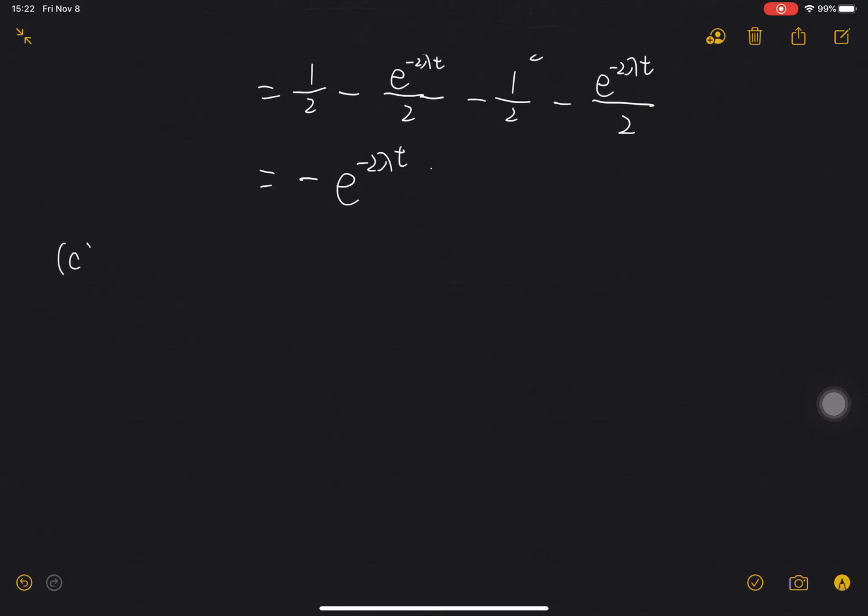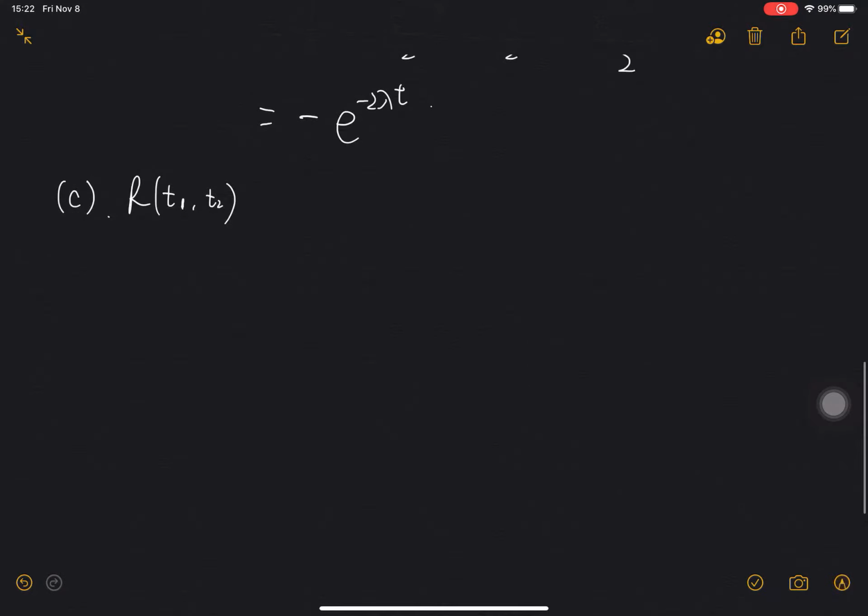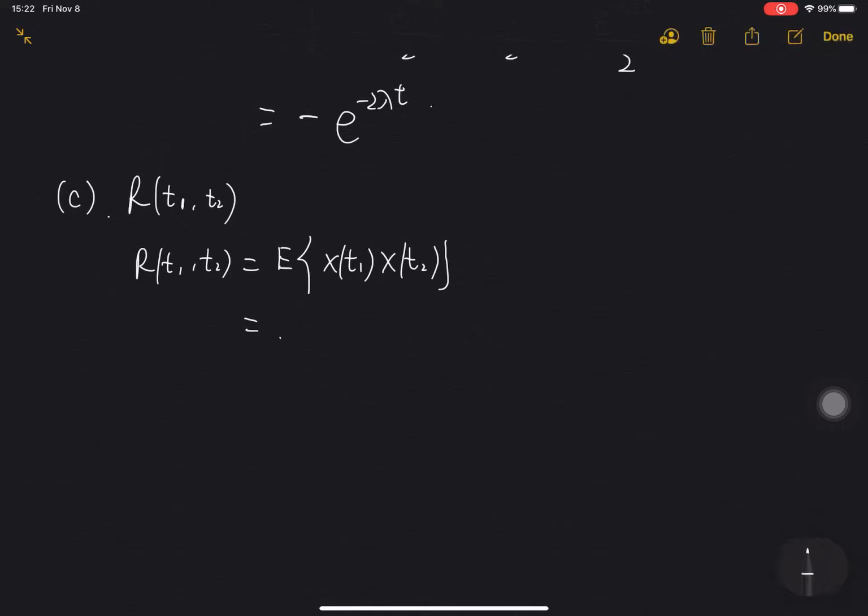And question C. We need to find the correlation between T1 and T2. The correlation equals the expectation of X(t1) times X(t2). There should be two situations for this product: 1 and minus 1.